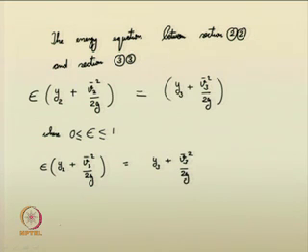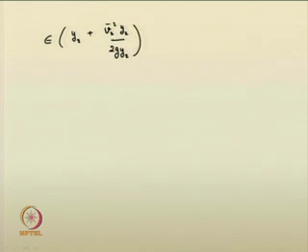Again you can proceed: epsilon times (y2 plus V2 squared into y2 by 2g y2). Why did I write it like this? In the next step I can take y2 out of the brackets, that is the reason. And you know V2 squared by 2g y2 is nothing but your Froude number quantity. So, that way we can reduce the equation further.